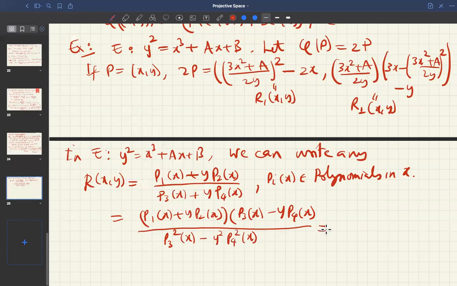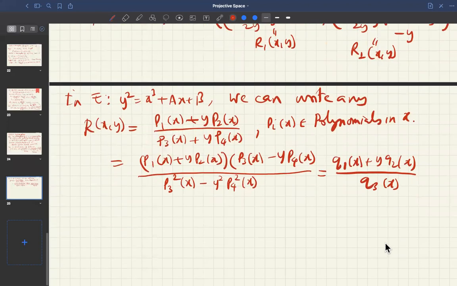So you can write it as some new q1(x) plus y q2(x) by q3(x). So in the elliptic curve with y square equal to x cube plus ax plus b, we can write the rational function in this form.